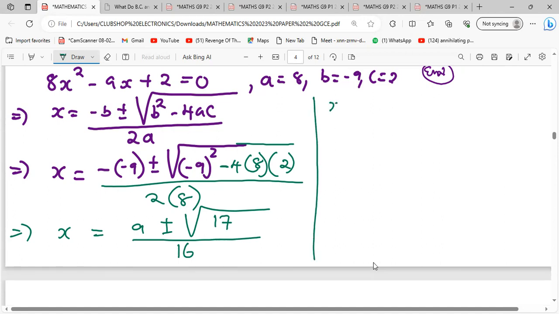So x is equal to, the first one, you punch 9 plus the square root of 17. I'm trying to restart my calculator. Okay, you get about 13 point something.